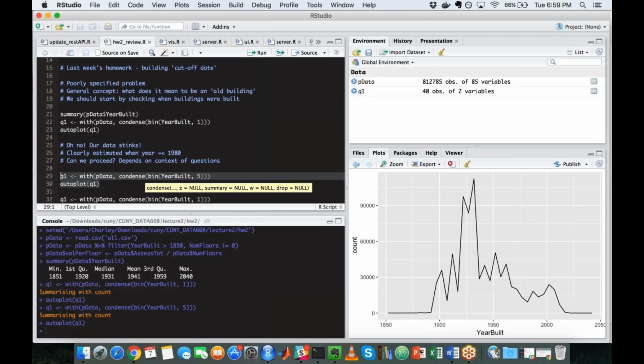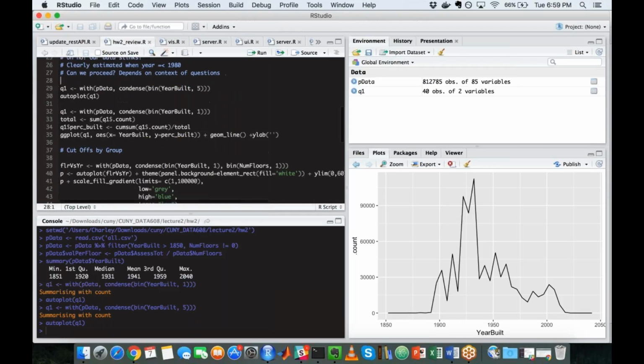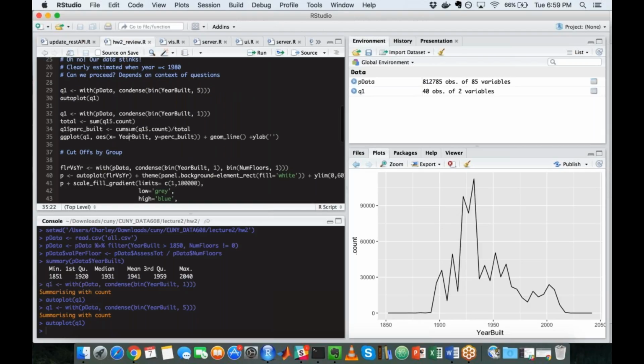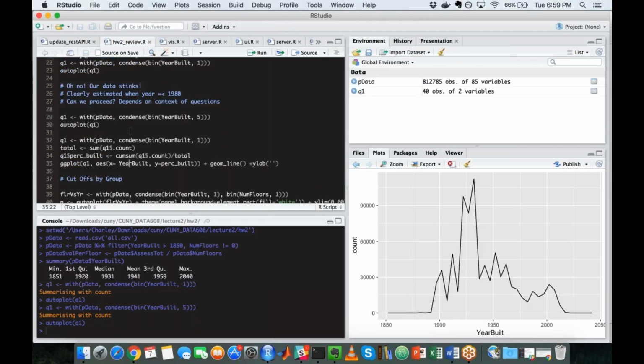You could see there was a huge amount of New York that was built during the 30s, 40s here, and it tapers off a bit. So just in broad strokes, that's giving you an idea of when buildings were built.